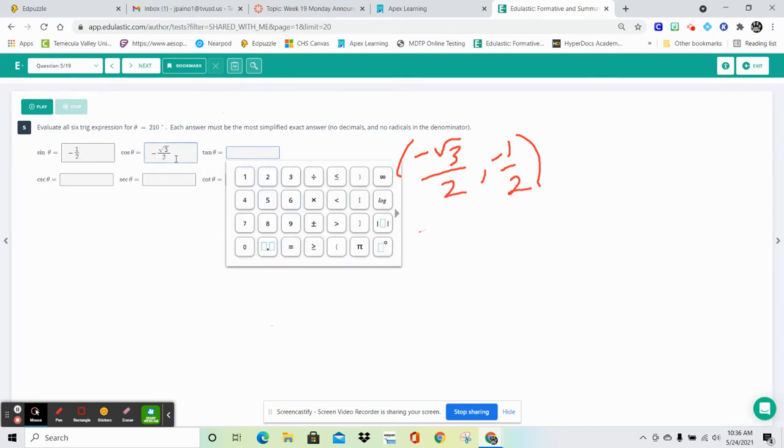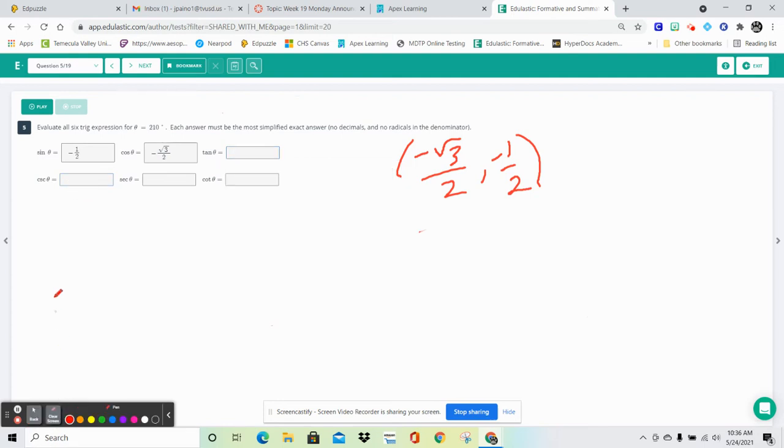Tangent, I've got to divide y divided by x. So you're going to multiply by the reciprocal. It's going to be positive, 1/2 times 2 over rad 3, and so you end up with 1 over rad 3.